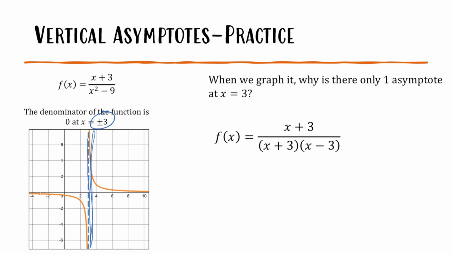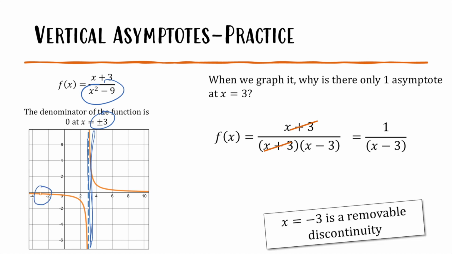Because if you factor x squared minus 9, that's a difference of squares, you can cancel out the x plus 3 on the top and on the bottom. So what we're really graphing is 1 over x minus 3 with a hole at x equals negative 3. We'd call x equals negative 3 a removable discontinuity. So therefore, the vertical asymptote is only at x equals 3.